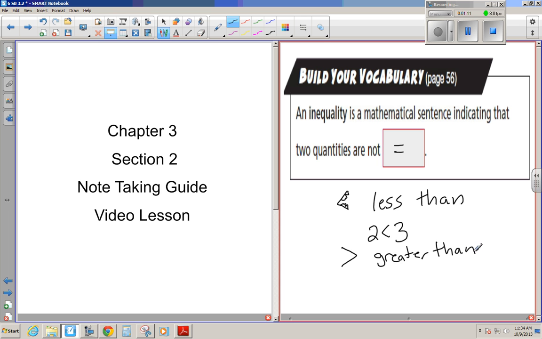I think these are the only two choices we're going to be working with today: a greater than and a less than. The less than looks like an L. The less part is first. Here, the greater part is first.